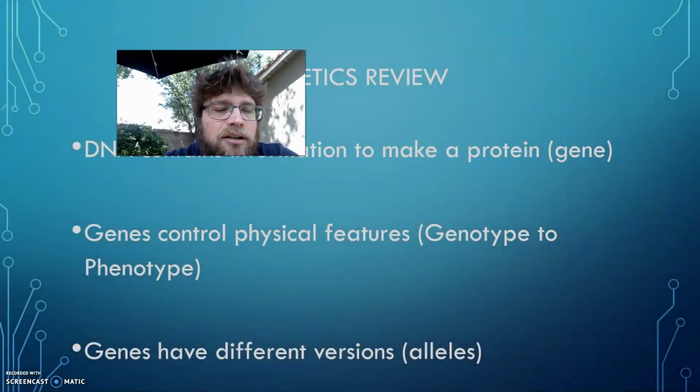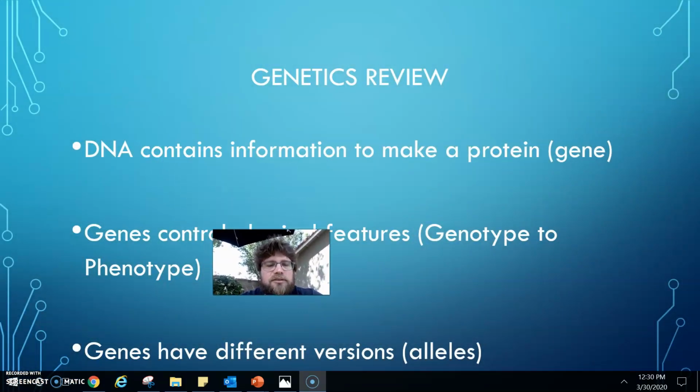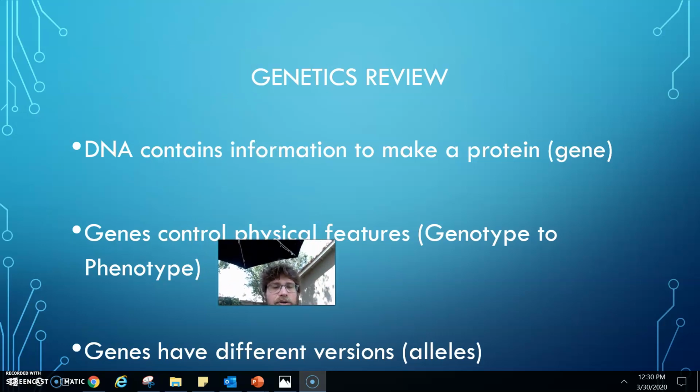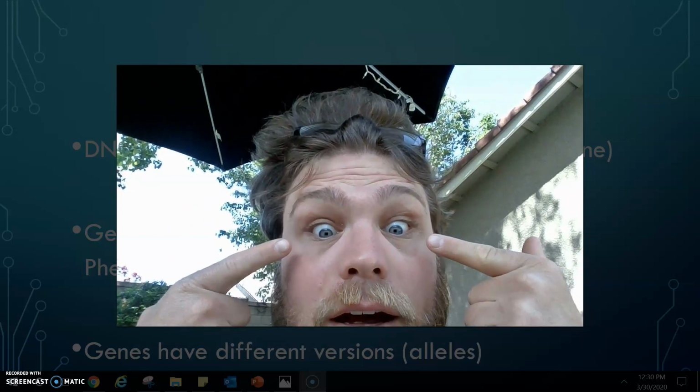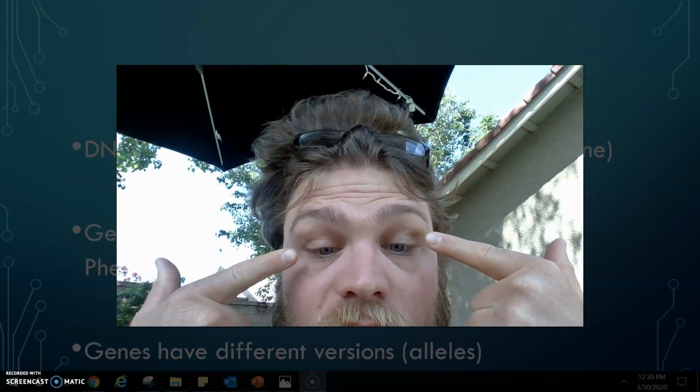Those genes have different versions, which we call alleles. With eye color, I have an allele that gives me a blue color, but some of you can have an allele that gives a brown color or a green color or hazel. Different gene versions we call alleles.